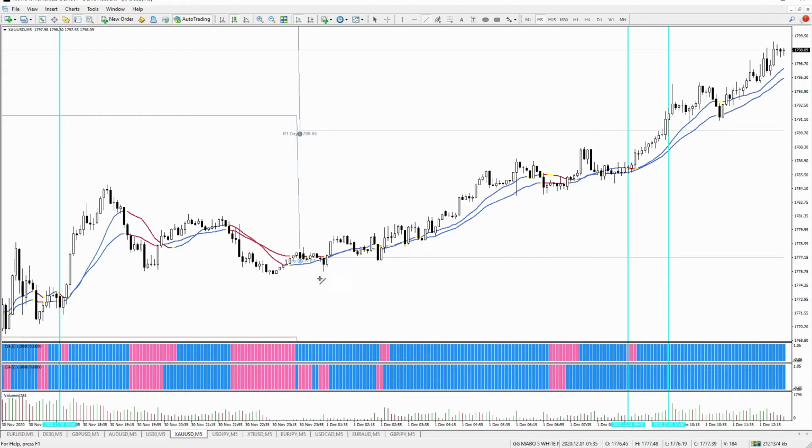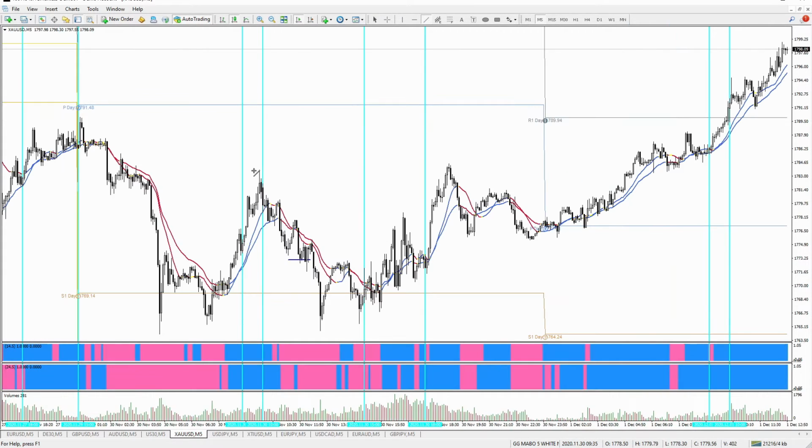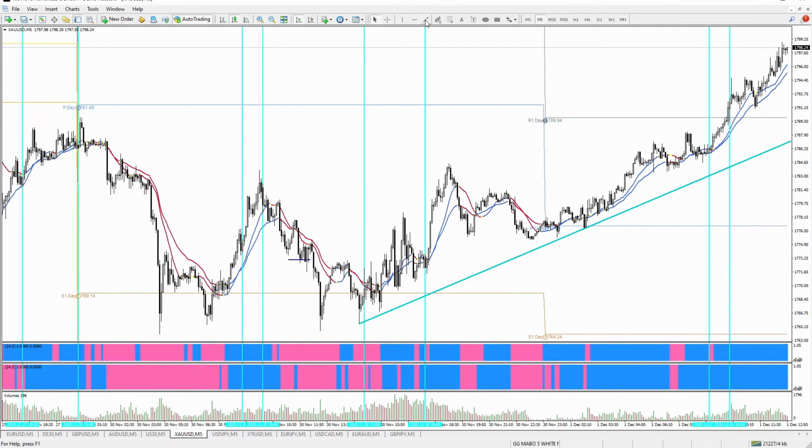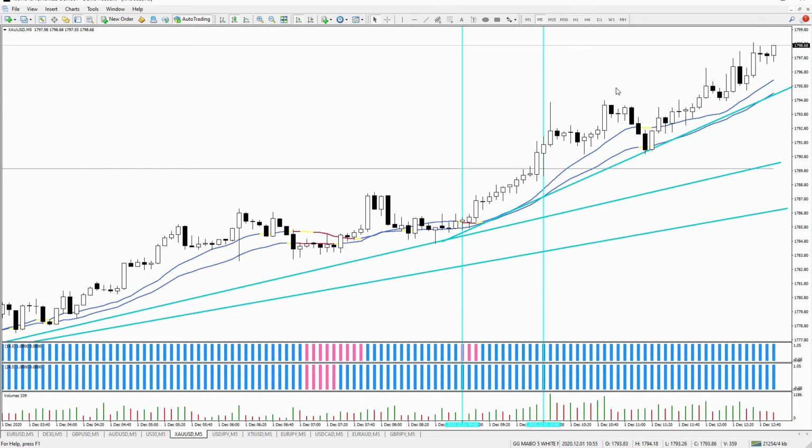Gold: you start from here, you have not only an uptrend after the downtrend that we had the previous days, but also an acceleration of the uptrend. You see that the slopes of these trend lines are steeper and steeper and steeper. This is a clear sign of a very strong trend.